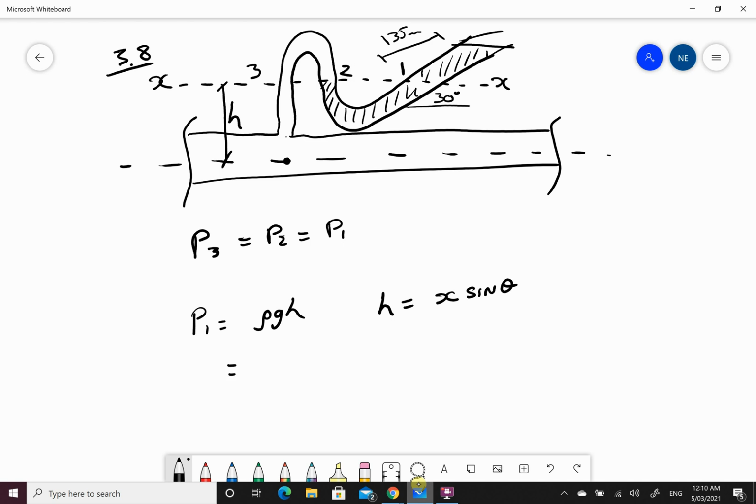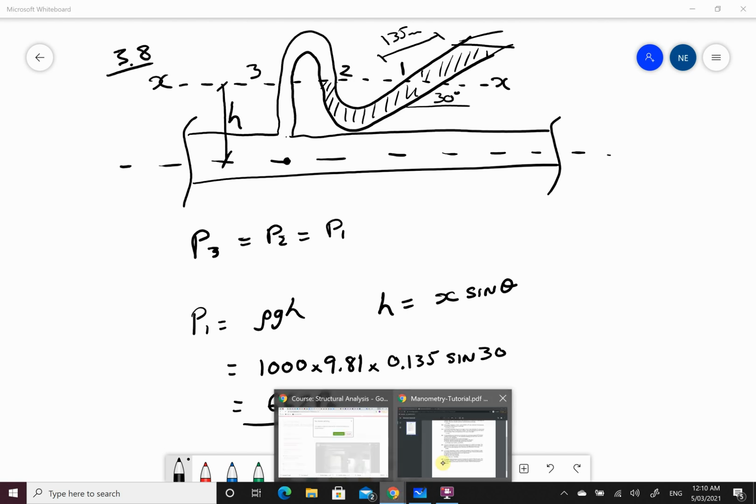So it's equal to water, so an RD of 1, or density of 1000, 9.81 by 135 sine of 30. Punch this into your calculator. What you're going to end up with is 662 pascals. So that is the pressure at point 1, 2, and 3.